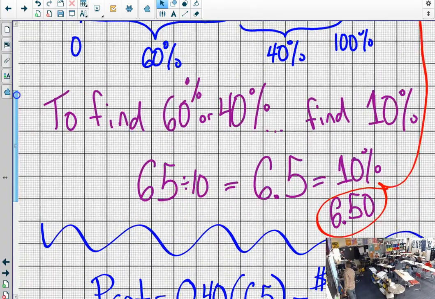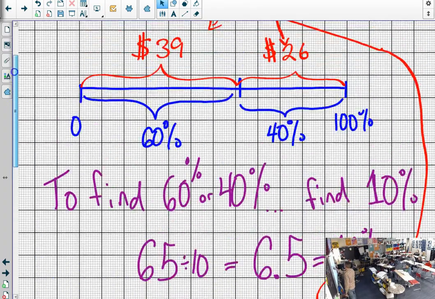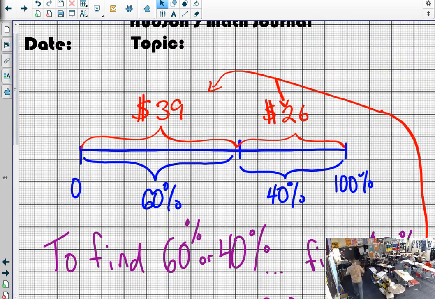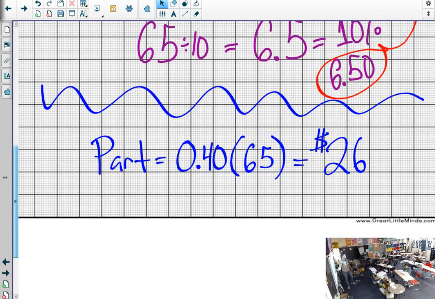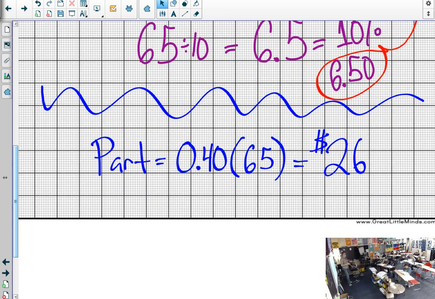Now, if they give you a really awkward percentage, like find 33 or 67 or something really weird, it'd probably be easier to use this way, because if you have an awkward percentage, just plug in the awkward percentage, do the math in the calculator. Questions?